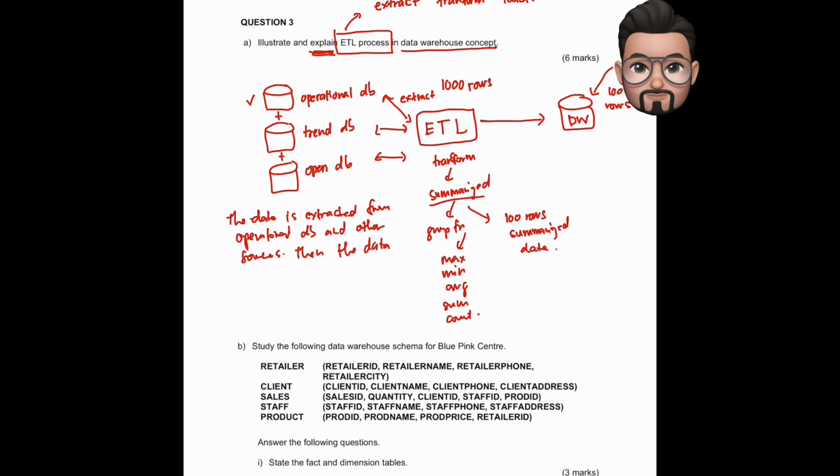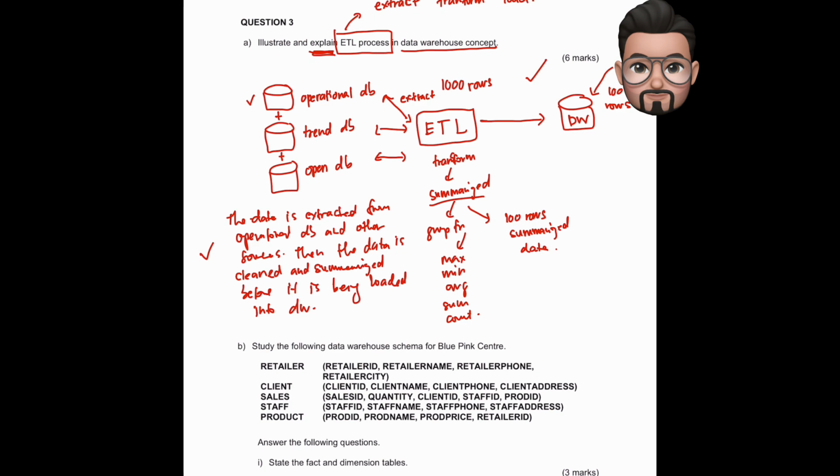Why do you need to clean data? Because not all data that you extract is correct. So the data is cleaned and summarized before it is being loaded into the data warehouse. So this is the explanation that you need to do. There are 3 marks for the illustration and 3 marks for the explanation.